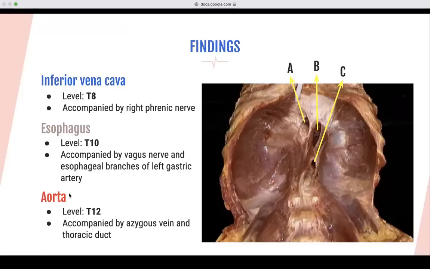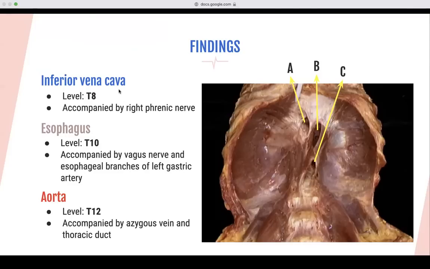There are many ways to memorize this. From a brief mnemonic that I just read, vena cava has 8 letters, so T8. Esophagus has 10 letters, so T10. And aorta is the only one left, so T12. There's a better one: I 8, 10 eggs at 12. Exactly.